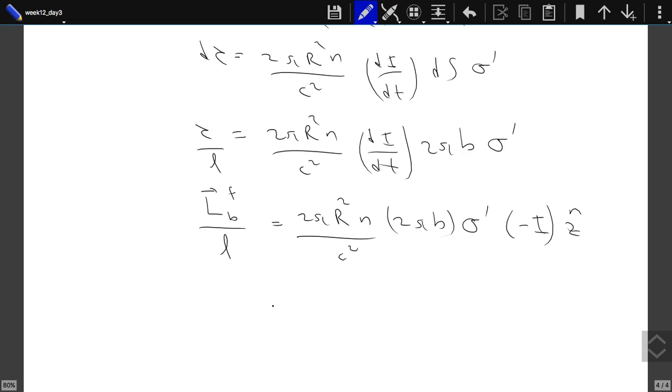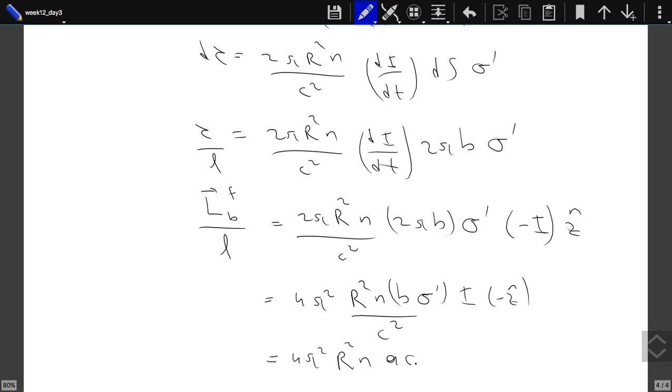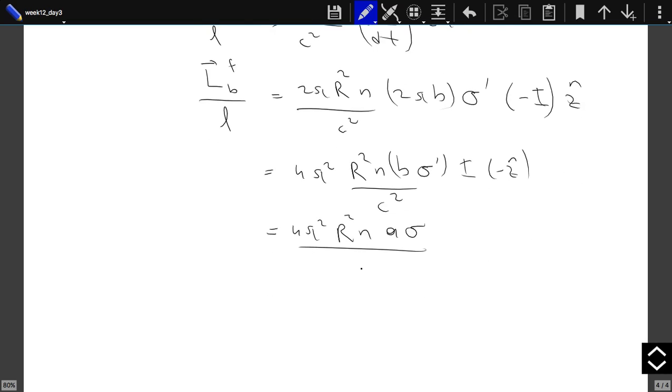So this is 4 pi squared r squared n b over c squared sigma prime I in the minus z hat direction, or 4 pi squared r squared n a times sigma over c squared I in the minus z hat direction.